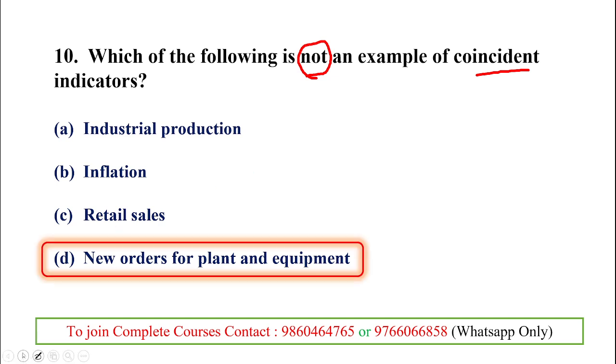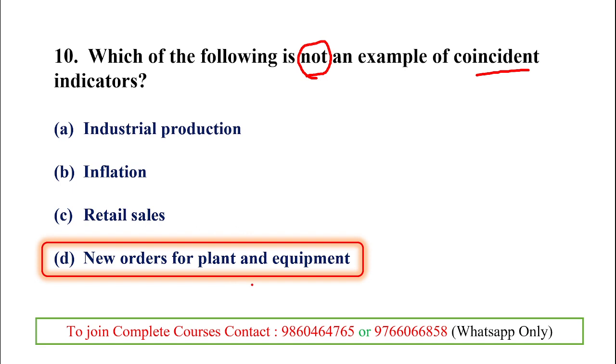And the answer is new orders for plant and equipment. A coincident indicator is an economic statistical indicator that moves more or less simultaneously with general economic conditions. So it reflects the current status of the economy.